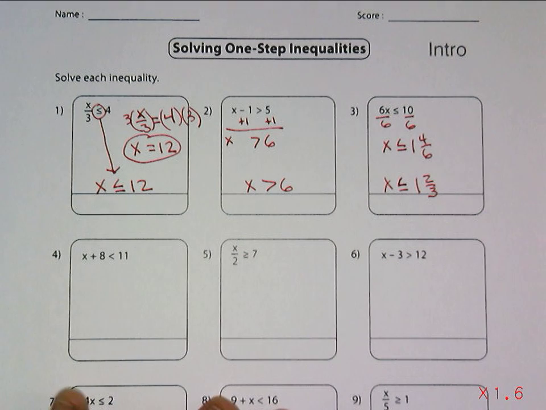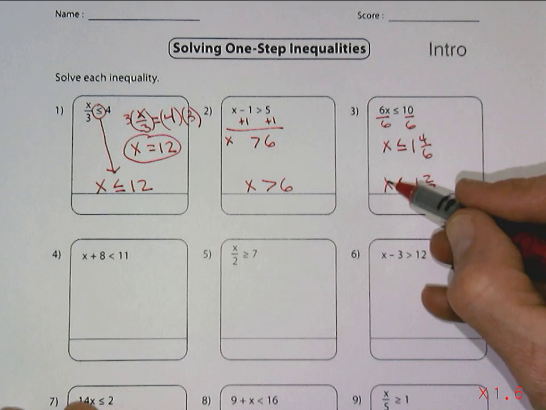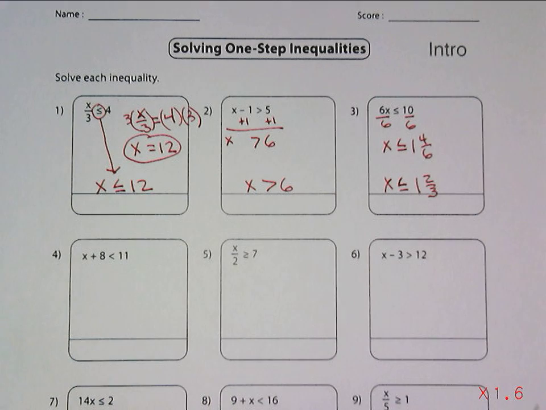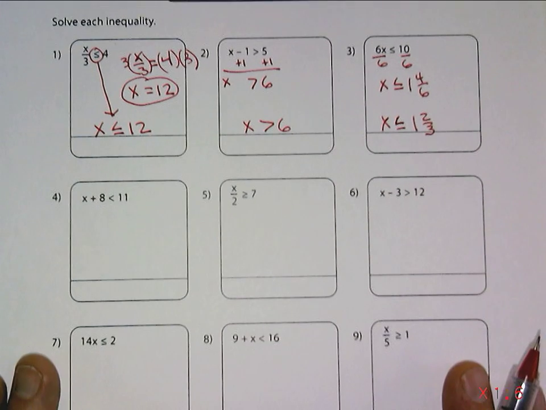So, you can still solve them even when they don't come out nice and even. And again, it's a one-step solution, so all I'm trying to do is solve the equations now.